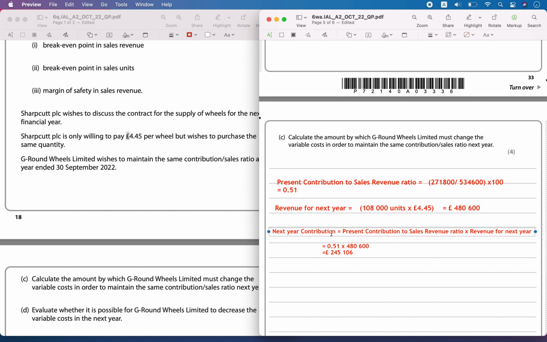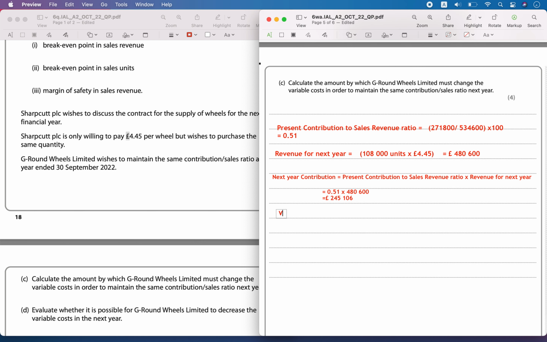Now let's calculate what my variable cost will be. The formula is that contribution is equal to revenue minus total variable cost.